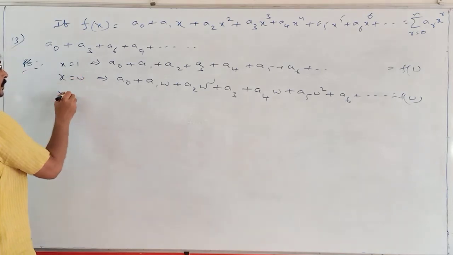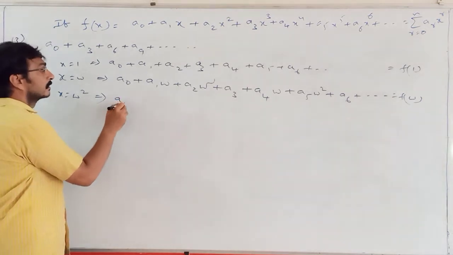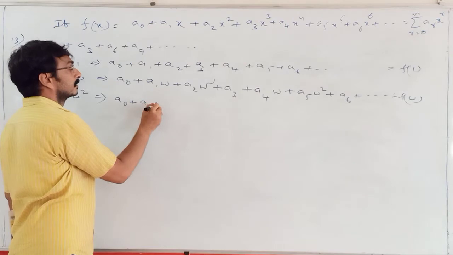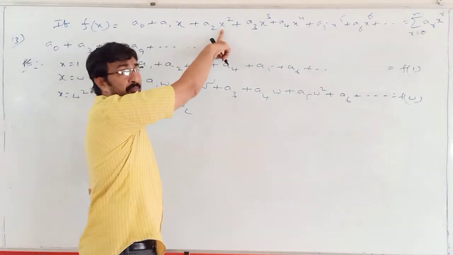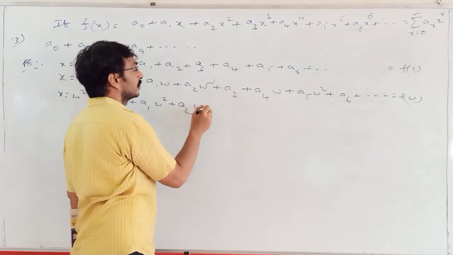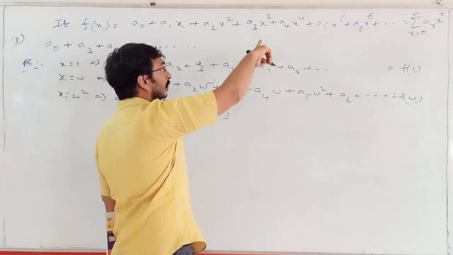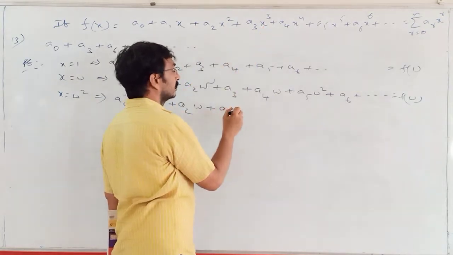Next, put x equal to omega square on both sides. a0 plus a1 in the place of x, omega square. Omega square whole square means omega power 4, which is omega. A3: omega cube whole cube, so 1.